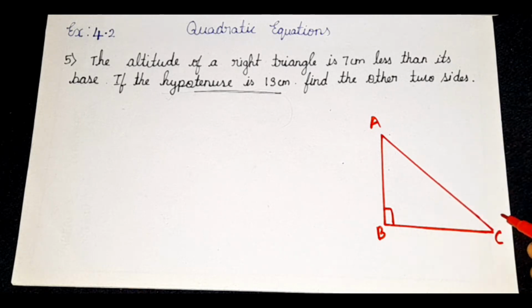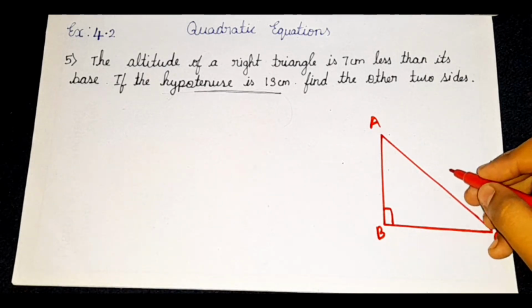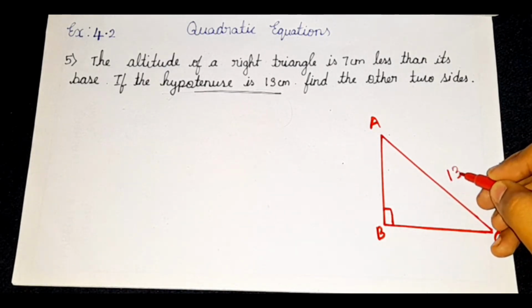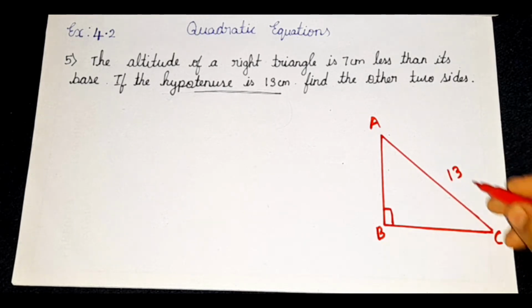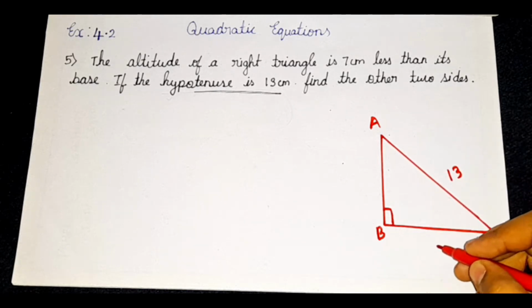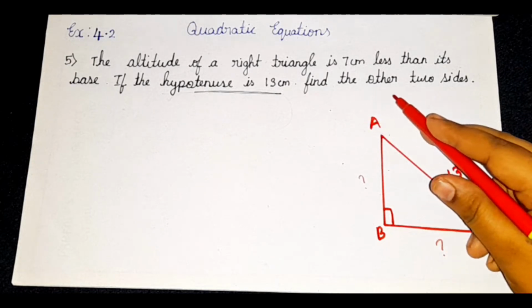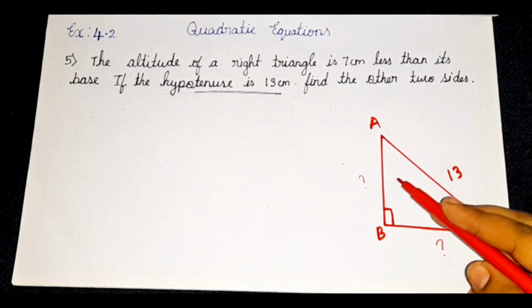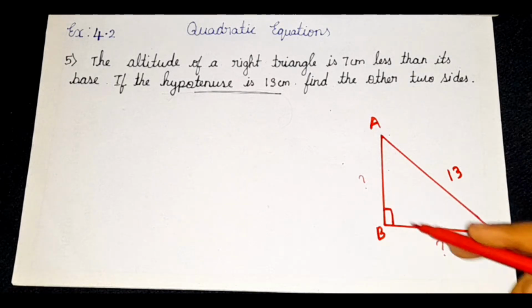According to the question, the hypotenuse is 13 centimeter, but we don't know the other two sides. We are supposed to find the other two sides, that is AB and BC.